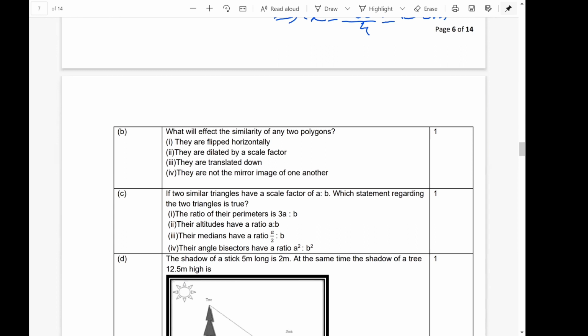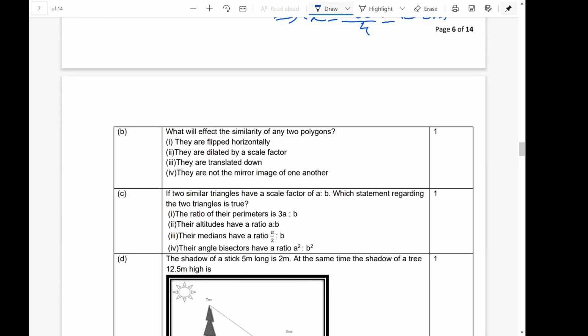Let's see the next question. What will affect the similarity of two polygons? They are flipped horizontally. Then we have studied polygons will be similar. They are dilated by a scale factor. Of course, the polygons will be similar. They are translated down.